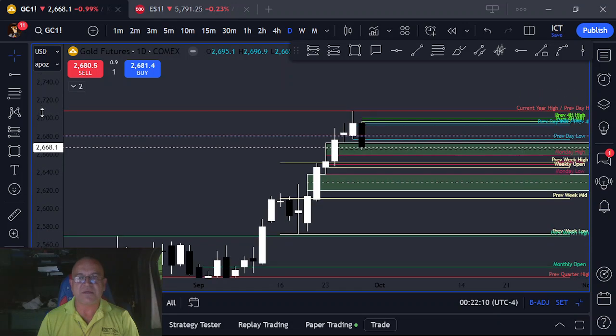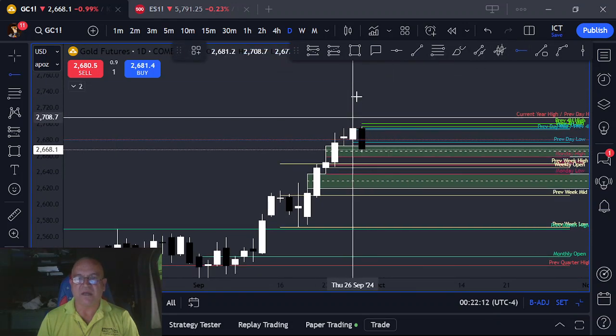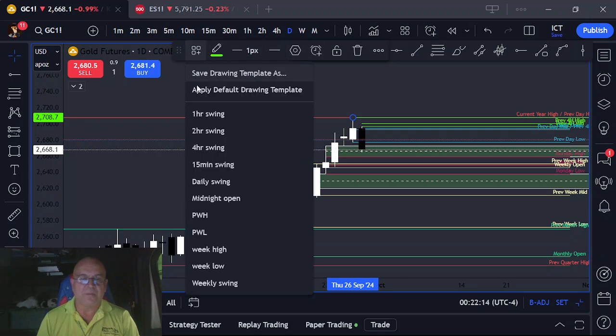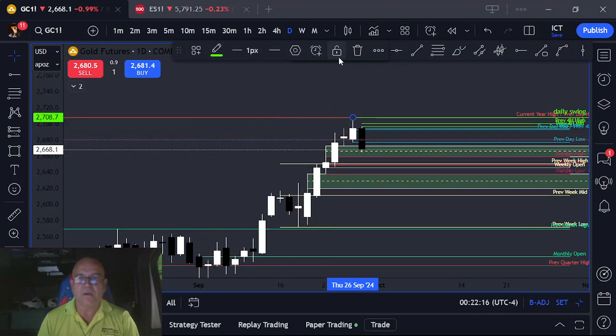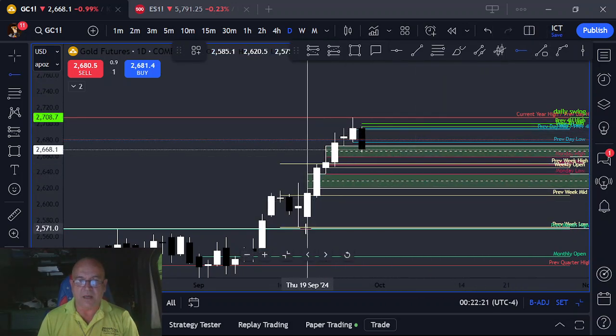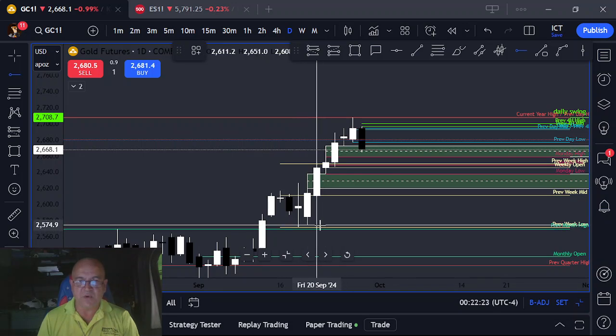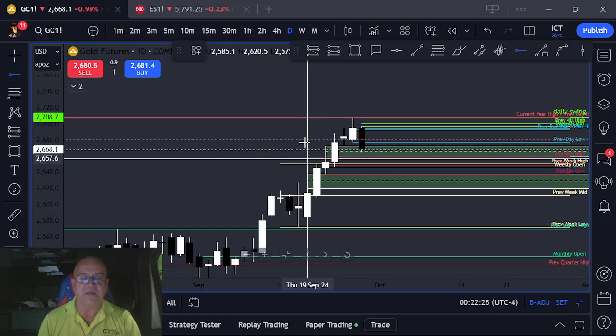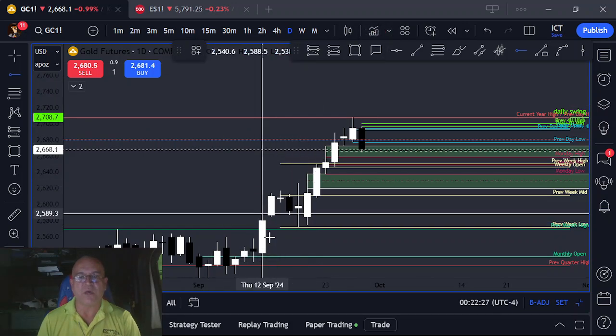Daily swing points. Obviously, again, all-time high. Next swing point isn't until down here, which I'm going to guess is the weekly swing point as well.